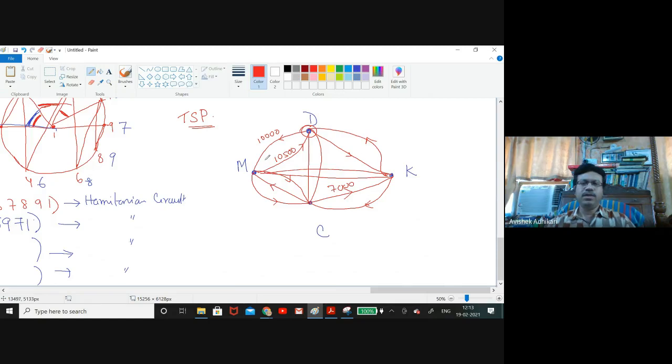So the point is, he needs to find the route in such a way that he will be able to explore all the cities exactly once, and he will start from Delhi and come back to Delhi, but the cost of traveling will be minimum. So that's the idea of the traveling salesman problem.